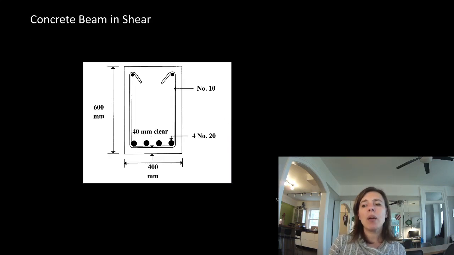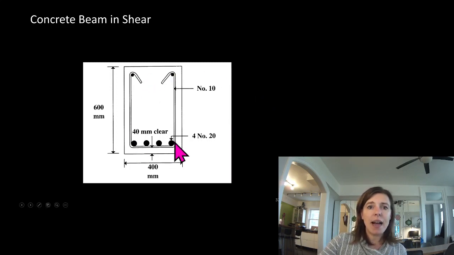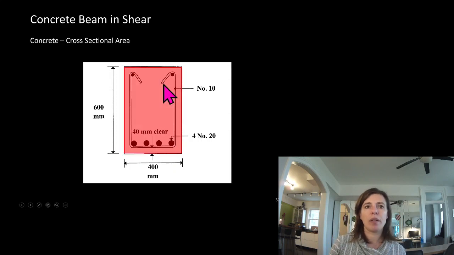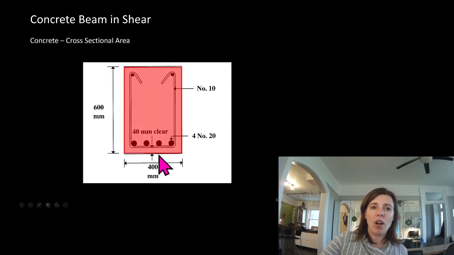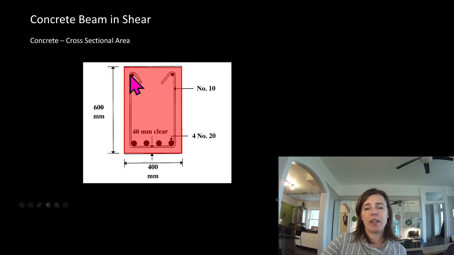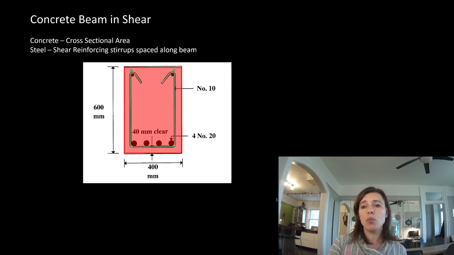So what's happening with a concrete beam in shear? Well, in shear, these ties are doing all the work. And the cross-sectional area of the concrete is doing all the work. So we have two parts. What we often do is a quick check of the concrete, and if it works, same thing as compression, no problem, it's good.